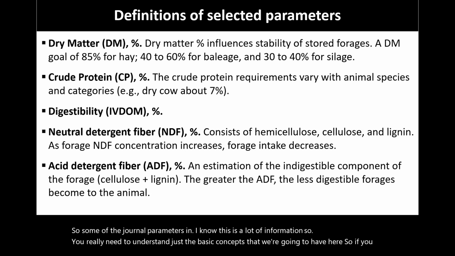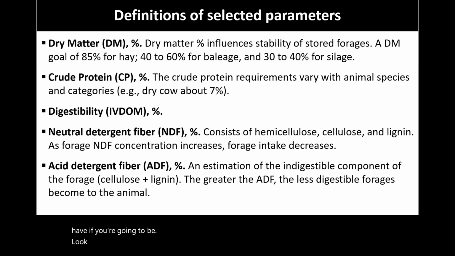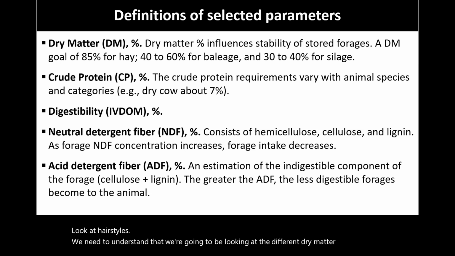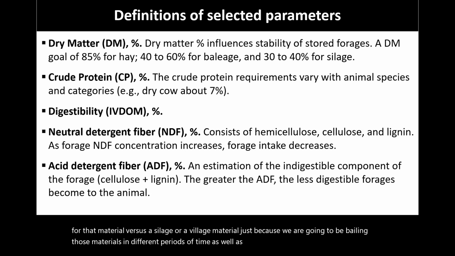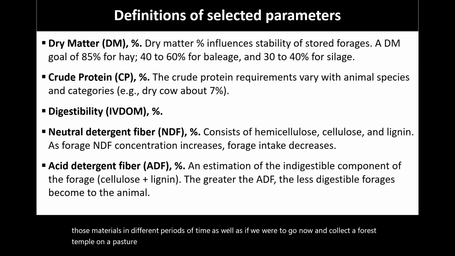If we're looking at hay samples, we need to understand that we're looking at a different dry matter percentage for that material versus a silage or baleage material, because we bale those materials at different periods of time. If we were to collect a forage sample on a pasture that is being managed under grazing, there will be different dry matter as well than the hay sample, for example.